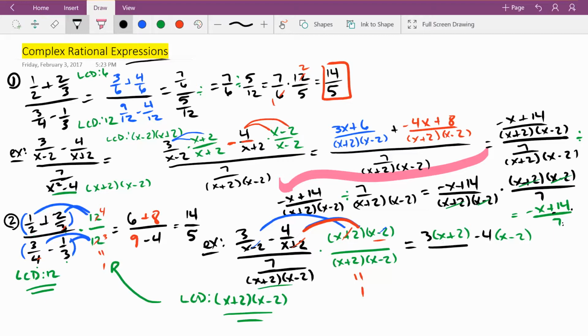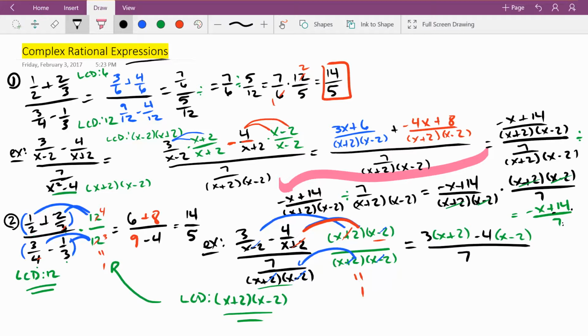Denominator. When we distribute here, everything cancels: x plus 2, x plus 2, x minus 2, x minus 2. It's all gone except for this 7. Already in 2 steps, I'm about done.